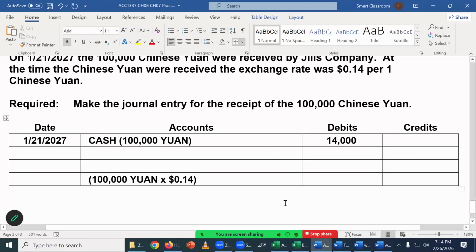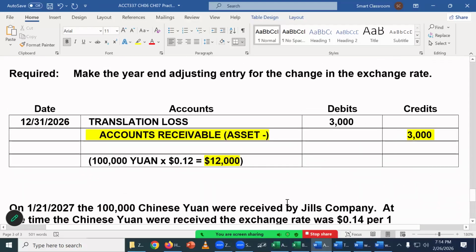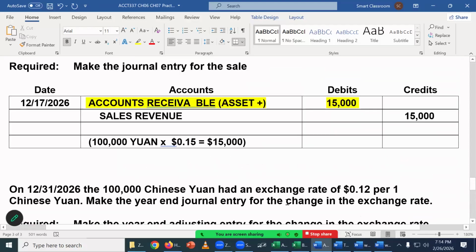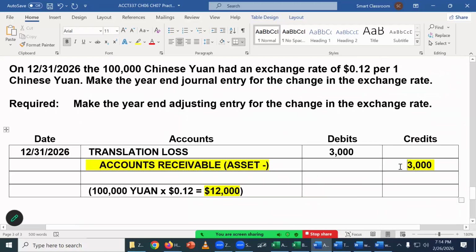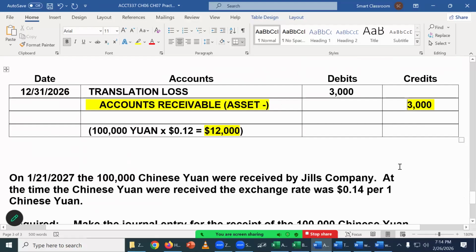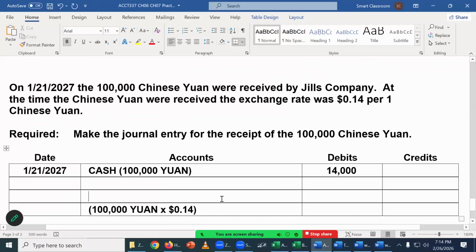Okay, what else do we do? How much do we have in our accounts receivable right now? So they're paying off this accounts receivable. Translation gain. Yes, good. So I'm going to take off the accounts receivable.